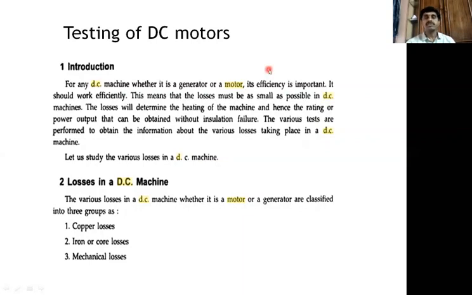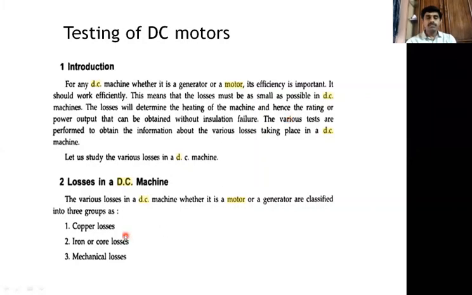Various tests are performed to obtain information about the various losses taking place in the DC machine. That means calculation of losses is important for calculation of efficiency, to determine the heating of the machine, to determine the rating of the machine, etc. So let us study various losses in DC machines.